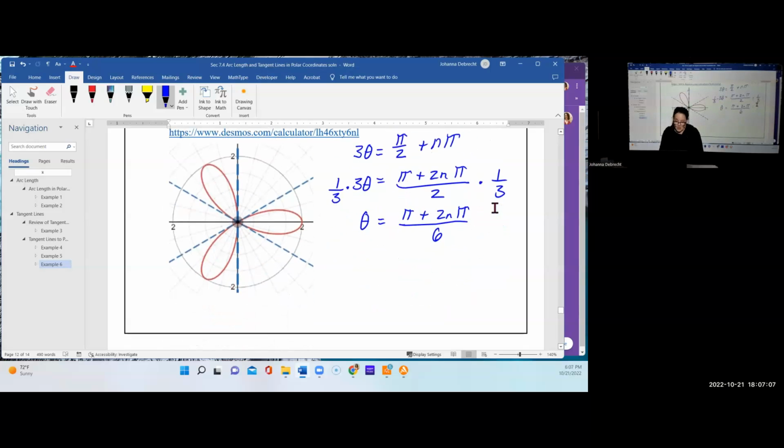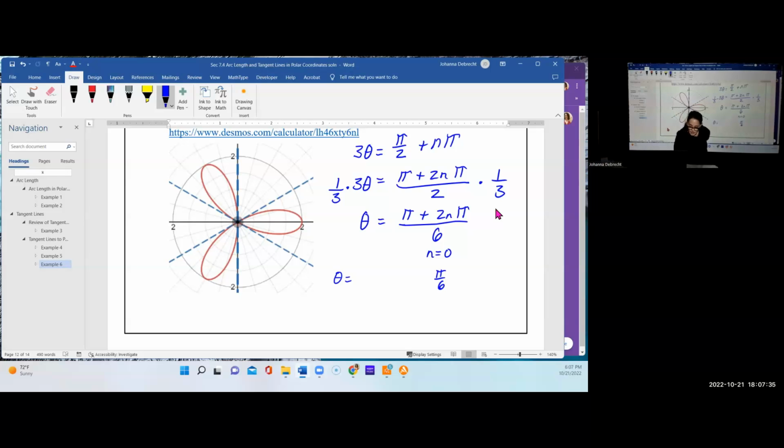So I like to start at 0 because 0 usually puts me in the range I want to be in. And I know that just from experience. So if n equals 0, then I get theta equal to pi over 6 because 0 times 2 pi is 0, and I just get pi over 6. It reduces. All right. Is that in my interval?